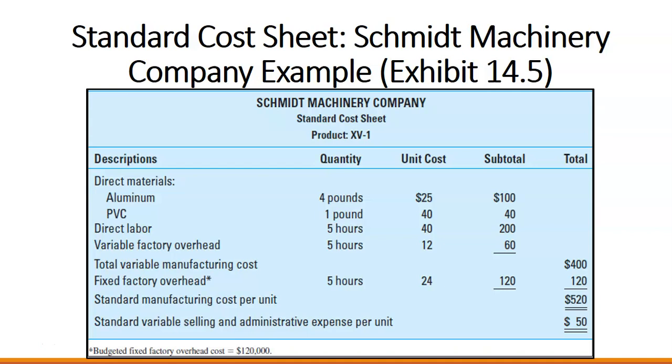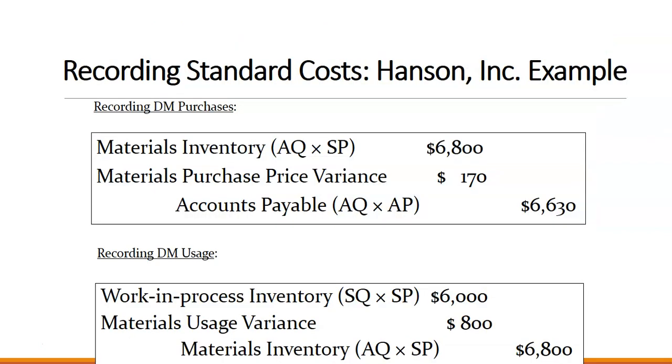When we're using a standard costing system, as I said earlier, we are going to record those standards in our journals. This is an example of how we would record any variance for direct materials and usage. So we have our materials inventory and our accounts payable.